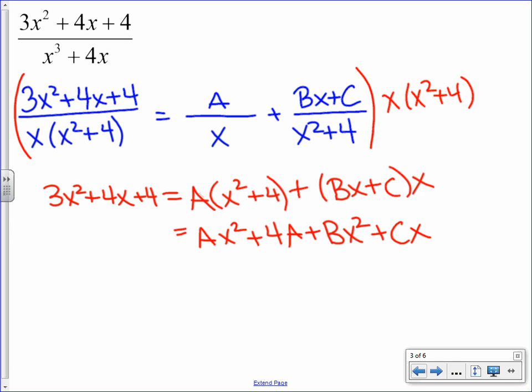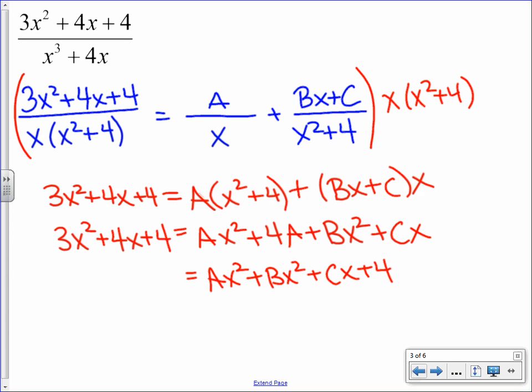And we know that this needs to equal 3x squared plus 4x plus 4. So we know that we have 2 equal expressions, right? I'm going to go ahead and write this in a different order. I'm going to write ax squared plus bx squared plus cx plus 4a. Are you okay with me rearranging those?